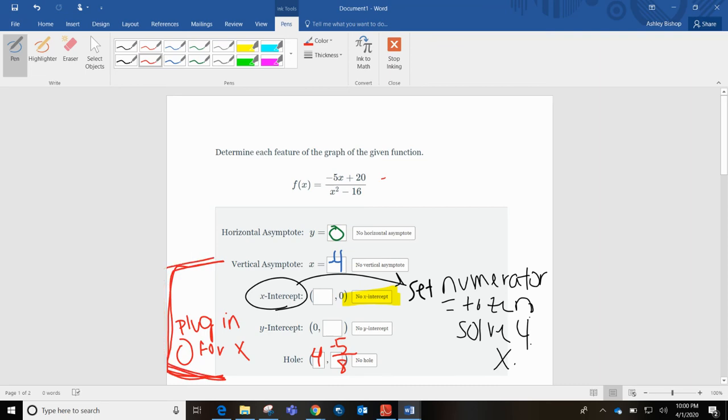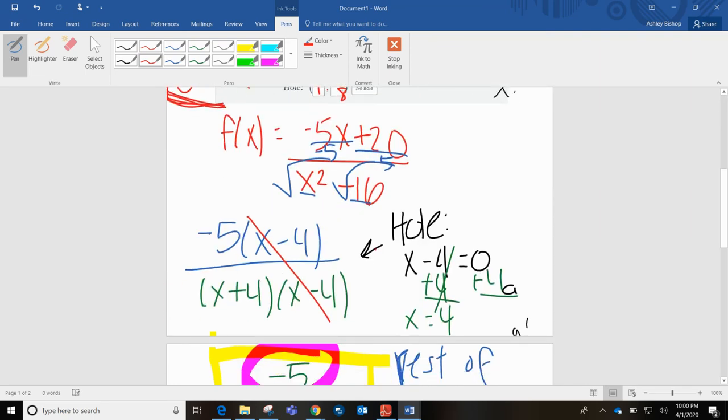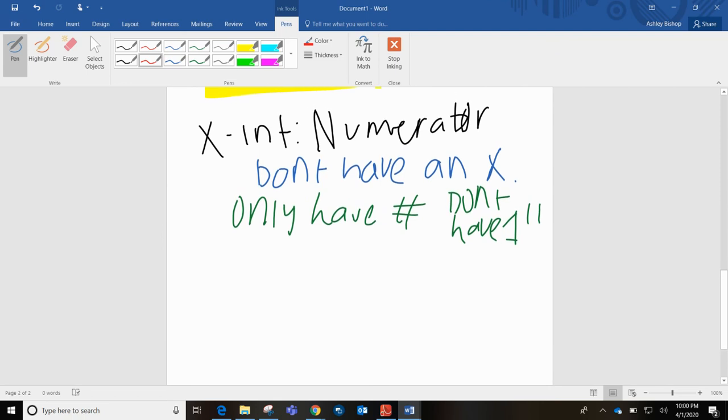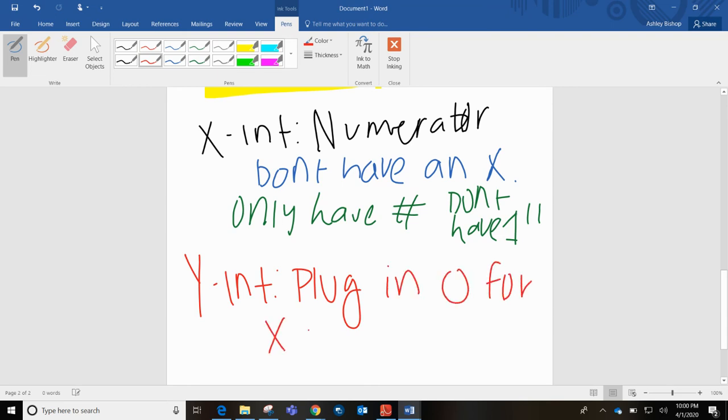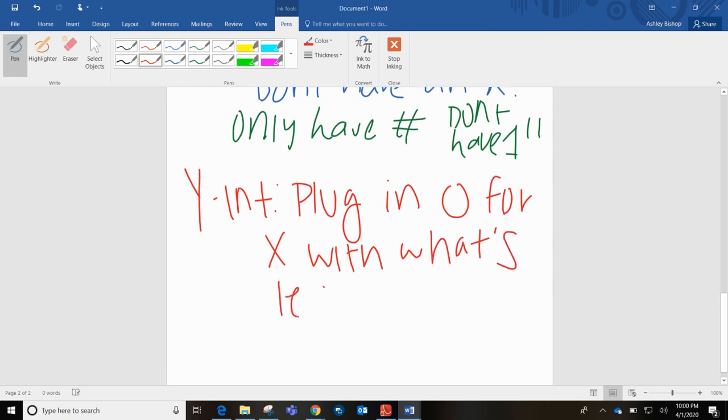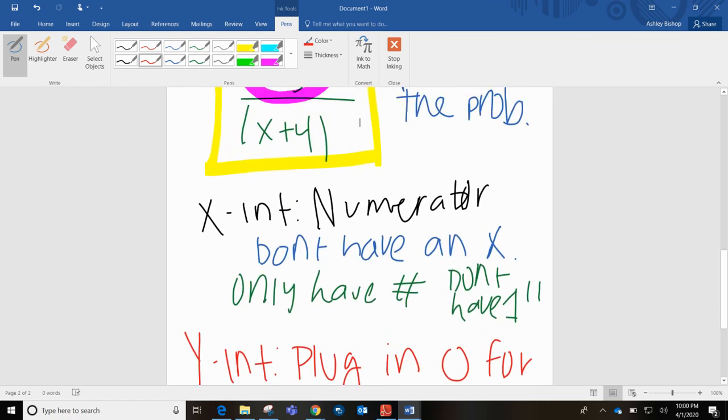Okay, so you plug in 0 for x. So we have our y-intercept, plug in 0 for x with what's left over. So what's left over, I mean what's in this highlighted box.